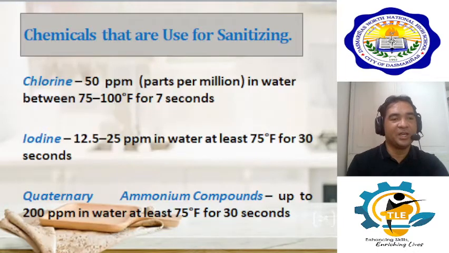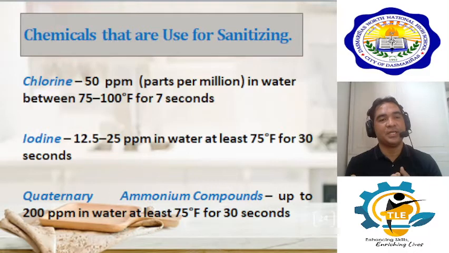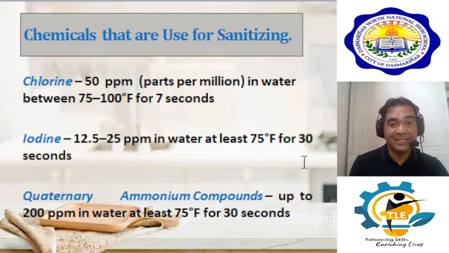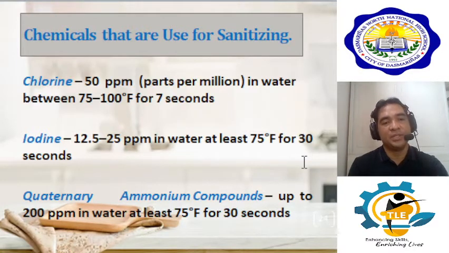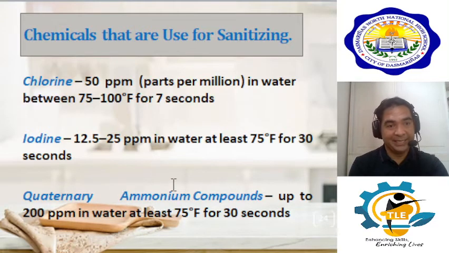Furthermore, the chemicals that are used for sanitizing are as follows. I have listed them over here. First one is chlorine, second one is iodine, and the third one is quaternary ammonium compound. Among these three, the most common chemical that we use is chlorine.